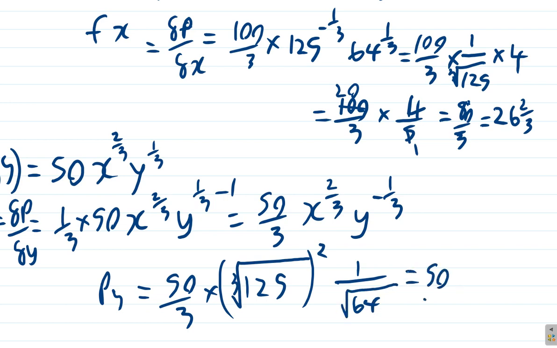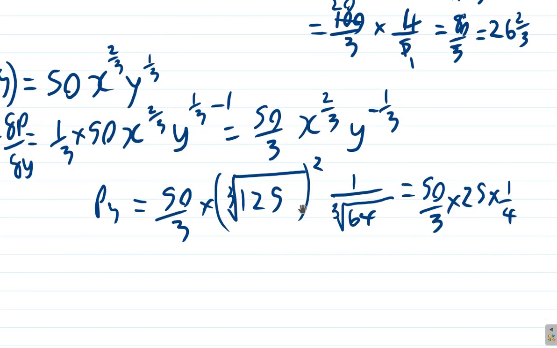This will give us 50 over 3 times the cube root of 125 is 5, and 5 squared is 25, times 1 over the cube root, not square root, cube root of 64, which is a quarter.